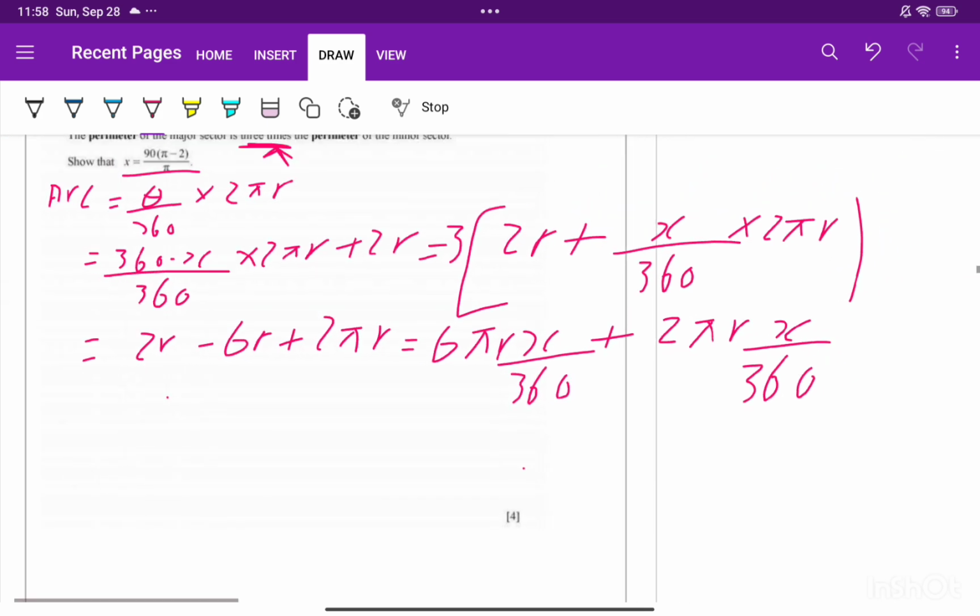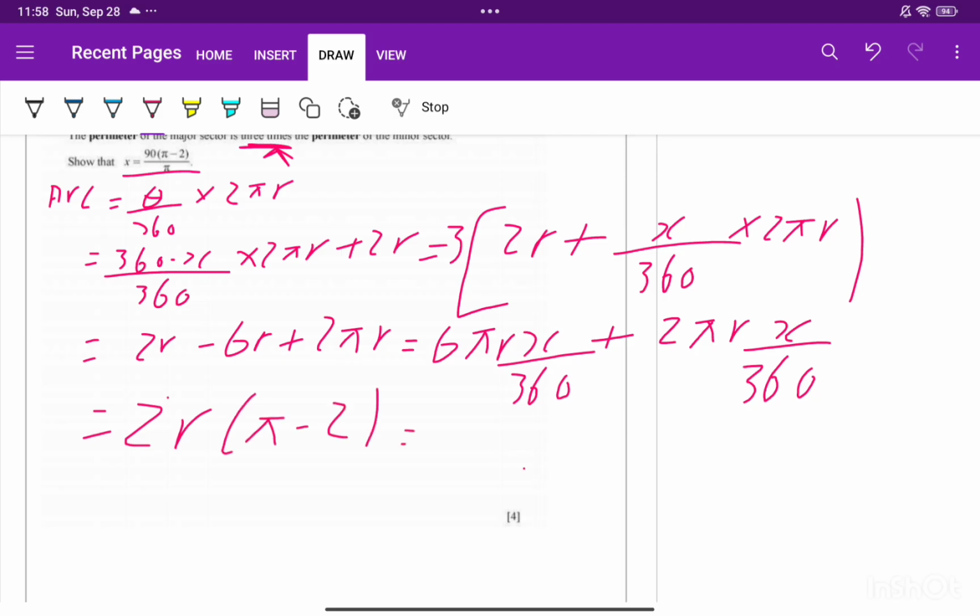Now let's solve this, and also we will take 2r common over here, so it will be pi minus 2 equal to x over 360 multiplied by 8 pi.